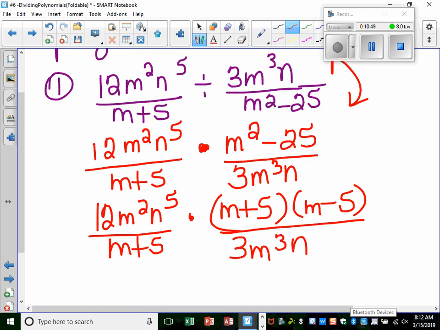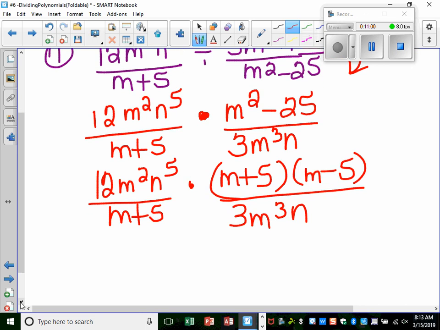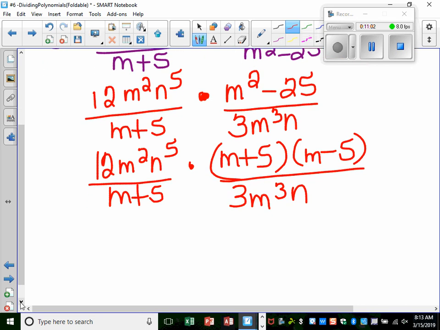All right, so this is what I'm left with after I just take the m squared minus 25 and I actually factor it out. Can I cross out any like pairs? Yes. m plus 5, m plus 5. So what am I left with at the top?